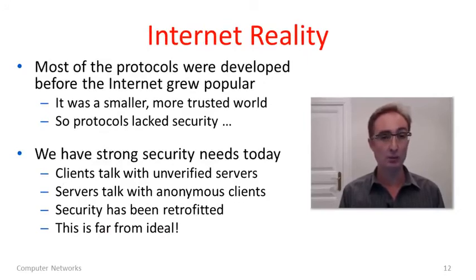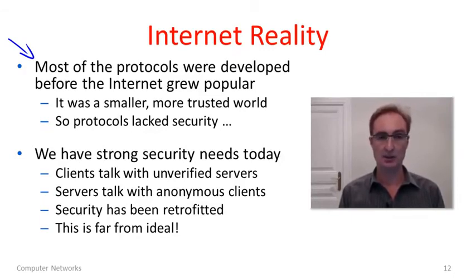Okay, and one more point to make, just as our lead into security. And that's to give you a sense of the internet and where security fits in. Actually, the internet's a little different in terms of security. Most of the key protocols, all of TCP, IP, DNS, all of the protocols we know and love, were developed well before security problems became a pressing issue.